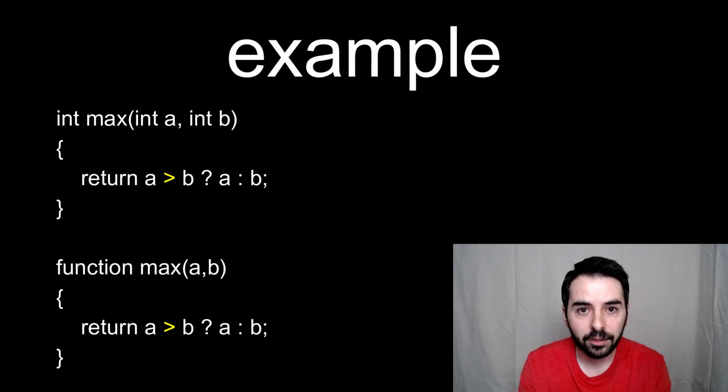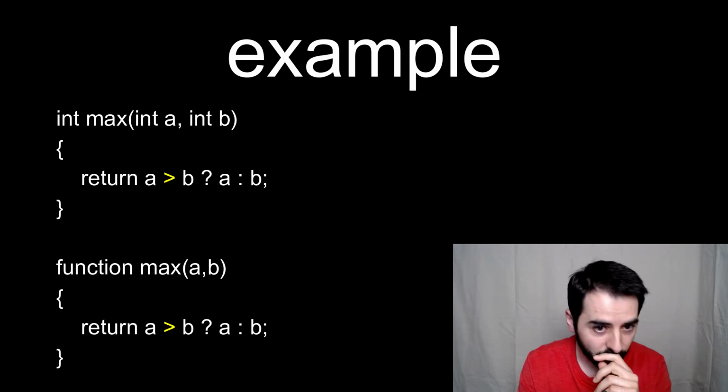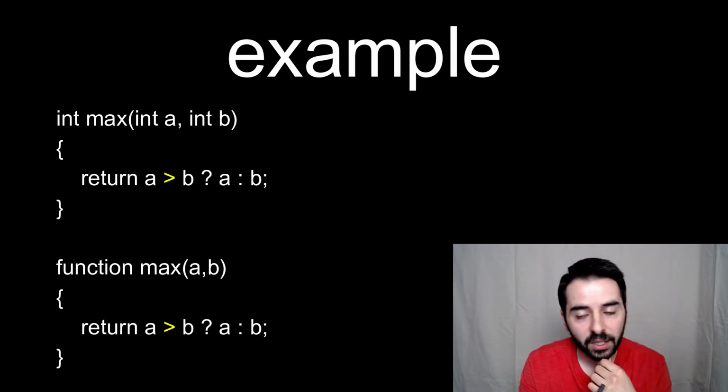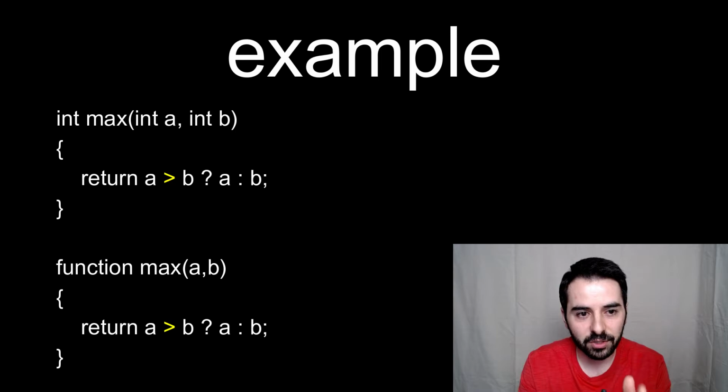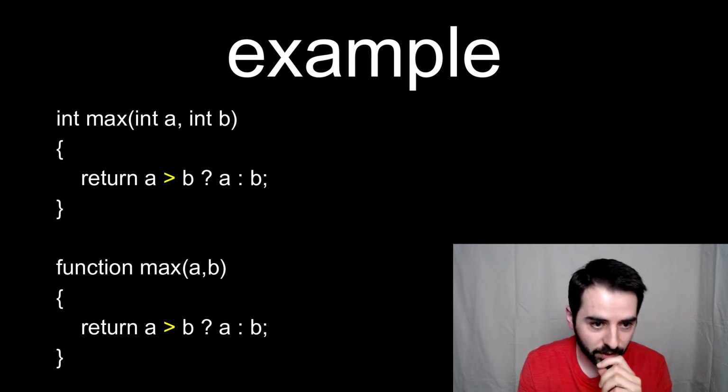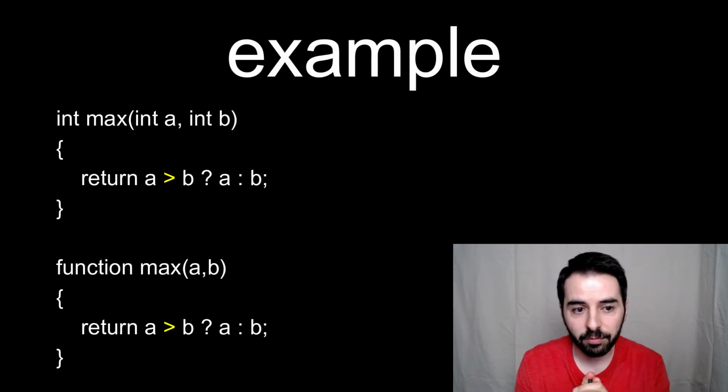So at runtime, when we invoke this function and provide values of some type which doesn't support this greater than operator, this function might fail. So you might get some exception, or your process might terminate. Again, there are some differences, but in general, these functions are doing the same thing. They will definitely work for integers. If you pass integers, both functions will do the same thing. So this is about definition.